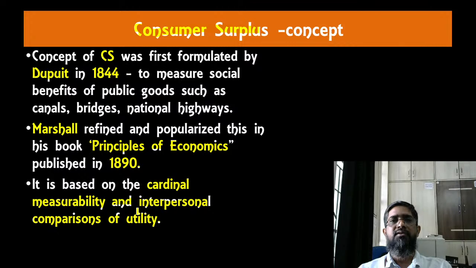Now the question is, what is this consumer surplus actually? I'll tell you with the help of a very short story. Whenever you go to buy anything from a shopkeeper, you have something in your mind. You decide that if this particular product is available at this price, I will buy it, as per your knowledge and information about the product.